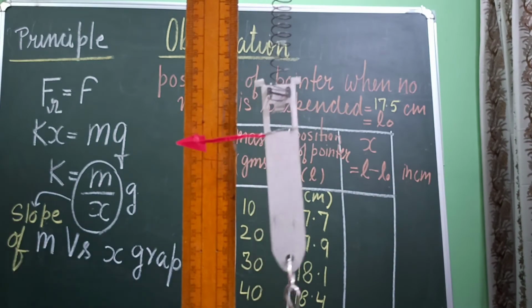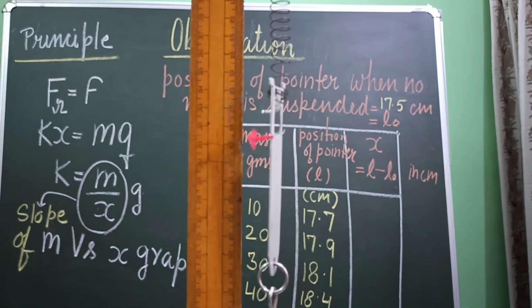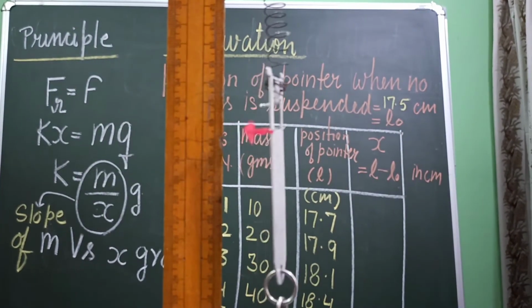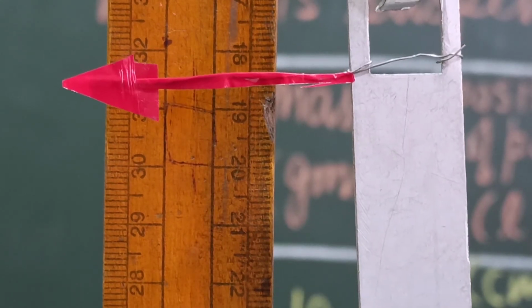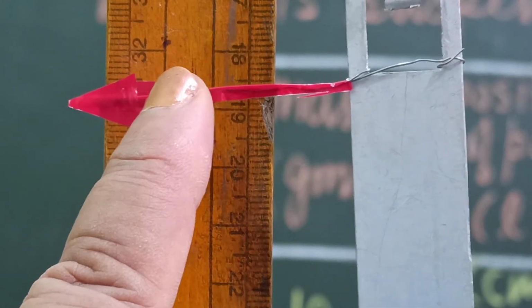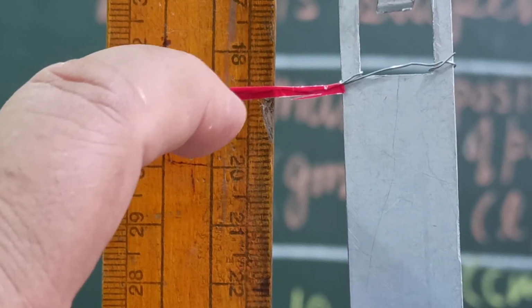All of you keep on writing all the readings because you have to write it in your practical copy class. Now check out by yourself the reading for the 50 gram class. This is 18.6. See, 18.5. The fifth line we can see.